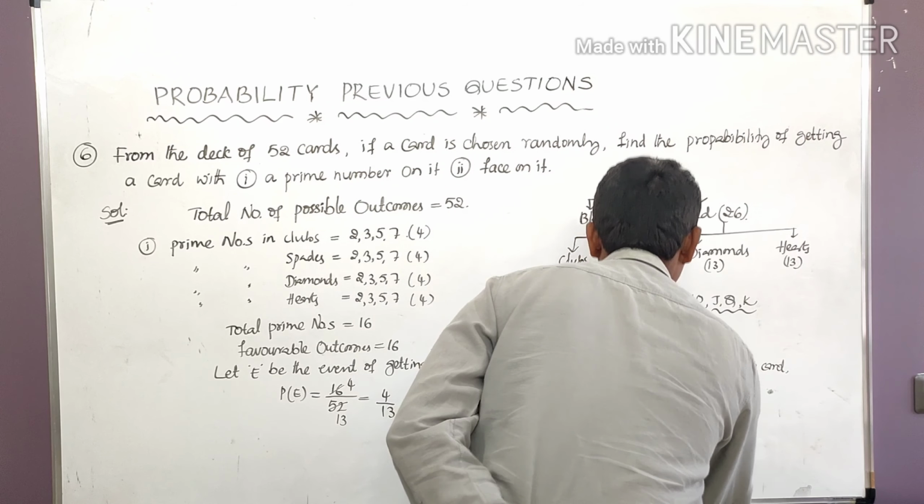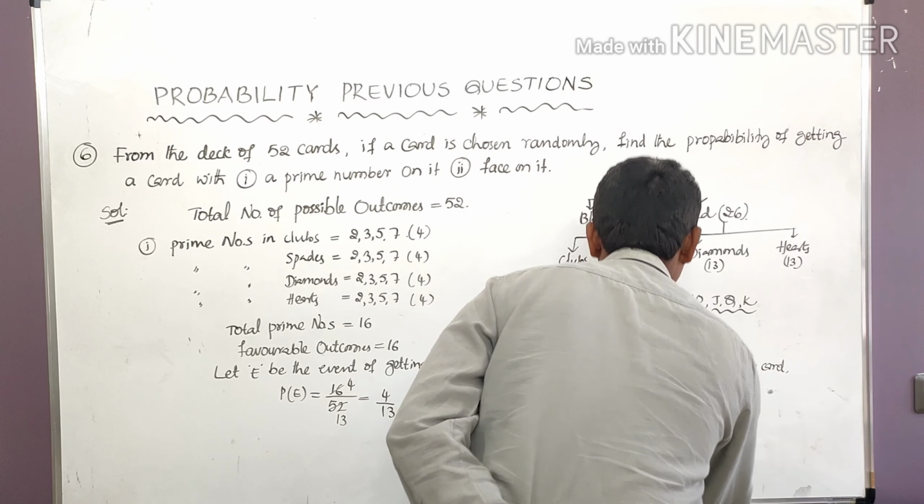Total face cards are 12. J, Q, K are called the face cards. Each group, clubs, spades, diamonds, hearts, has these 3 cards. So 4 into 3 is 12. Favorable outcomes equal to 12.